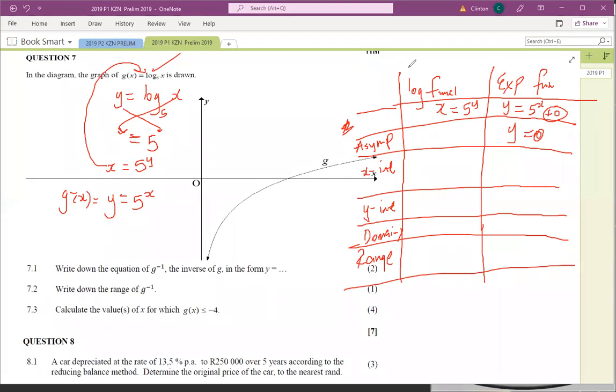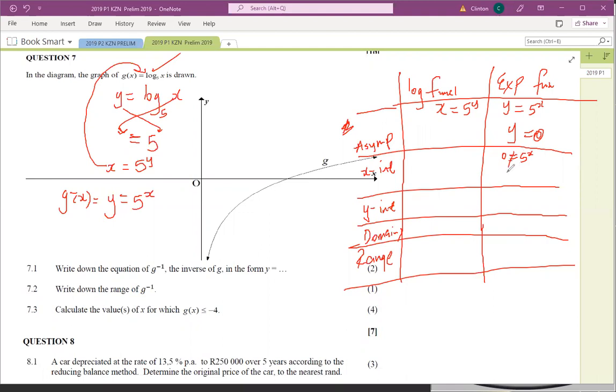Now we go to the x-intercept. For the x-intercept, we make y 0. This graph does not have an x-intercept, because if I make y 0, I get 0 equals 5 to the power x, but this will never be true.